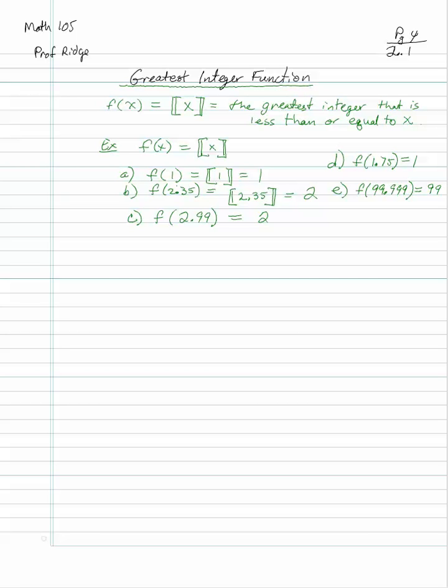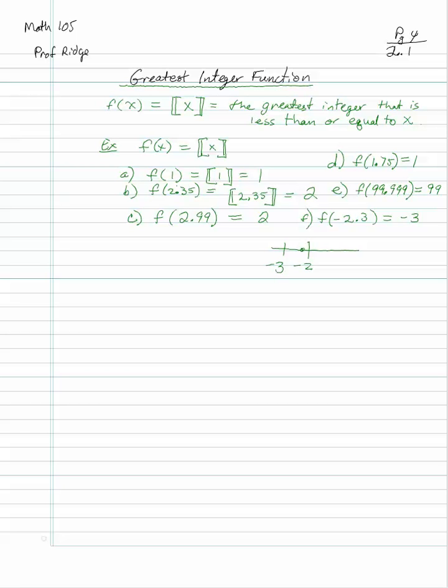Now, I used this fancy word, truncating. That's where you just drop everything after the decimal. But it's not truncating. It's called the greatest integer. And the reason is when you go on the negative side, you've got to be careful here. f of negative 2.3 is actually going to be negative 3. If you think about the number line, here's negative 2, here's negative 3.